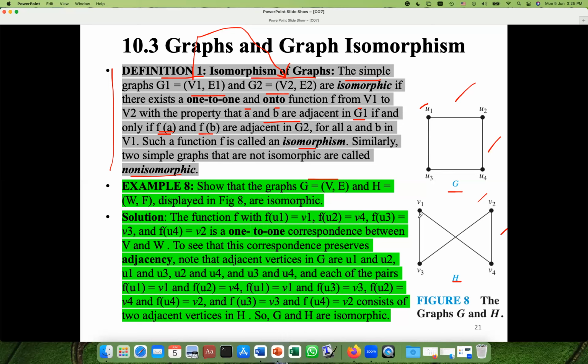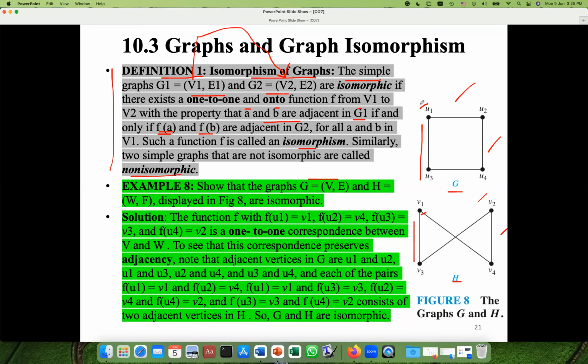That equivalent vertex can be V1, V2, V4, V3, any. In short, you have to find the similarity between this graph and that graph. Their diagrams are different, but maybe they are similar. Let's see.